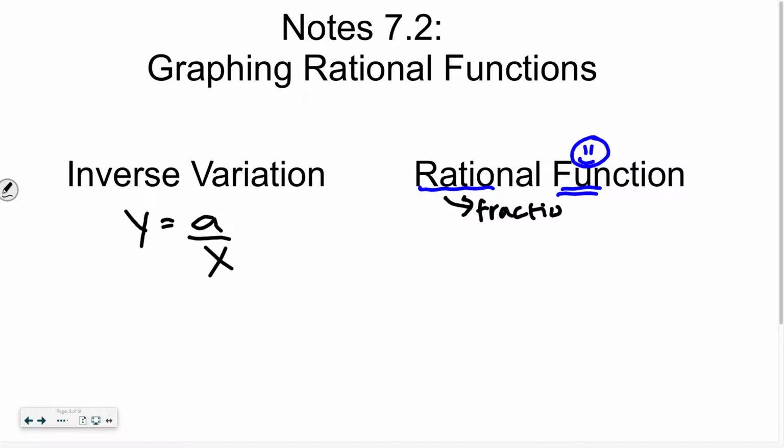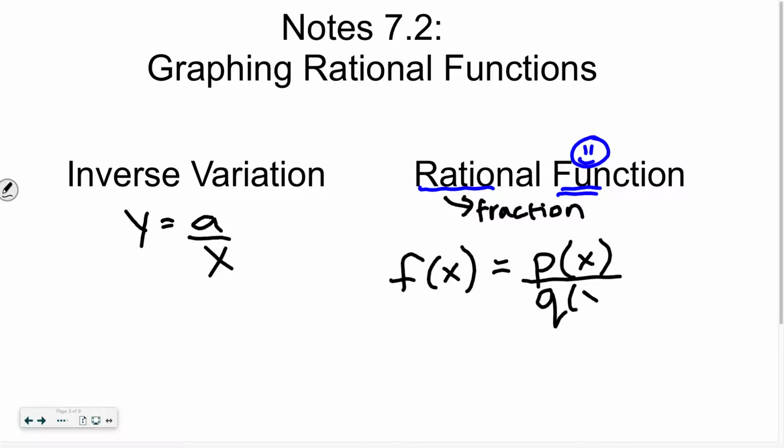And so rational functions, here's how they're commonly written in a math textbook. We call it f of x because it's a function, so we're using our function notation, equals, and then we say p of x divided by q of x. So we're creating a fraction, right?